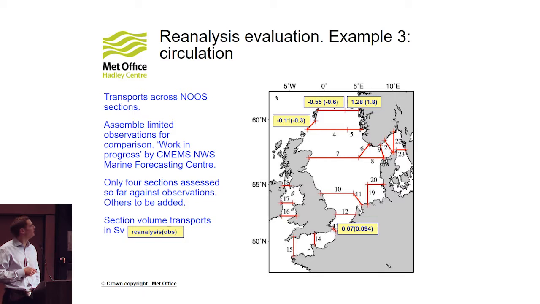So to date, these are the sections that have been looked at. So you've got the reanalysis value here, and then in brackets the observational value against these section observations. And the model seems to be performing quite well. I've not shown on here the free run, but these are certainly better than for the free run. So the data assimilation is helping in that regard.